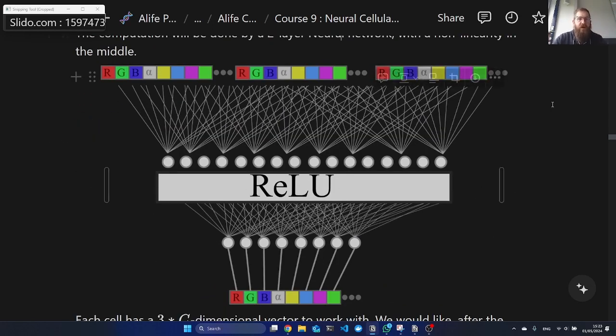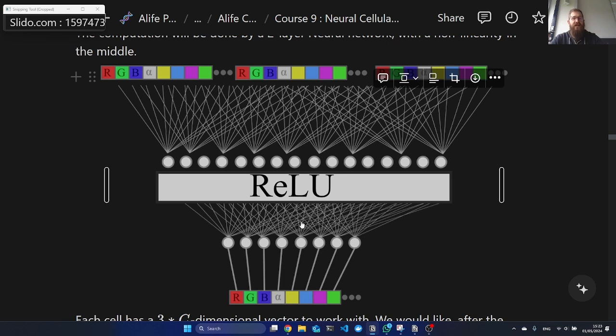So pictorially, this is what happens. Each cell is given a perception vector of size 3c, and from this it wants to compute the new state that it should have. To do this, you feed this into the first layer, you do your matrix multiplications, you apply your nonlinearity, which is ReLU, as we mentioned.